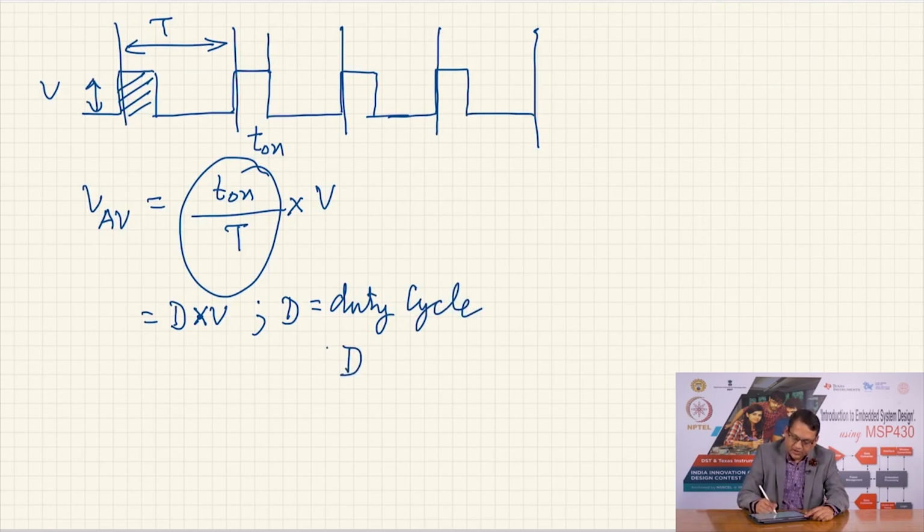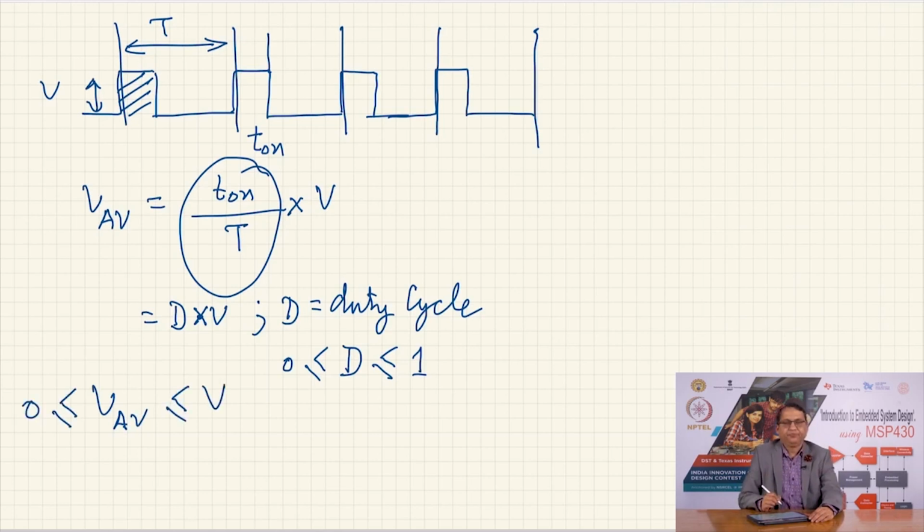D will always be greater than or equal to 0, because when T on is equal to T, you get a value of 1, and when T on is 0, 0 by T is 0. So the duty cycle is greater than or equal to 0 and less than or equal to 1. By changing the duty cycle to any arbitrary number between 0 and 1, I can have an average voltage which can vary from 0 to V.